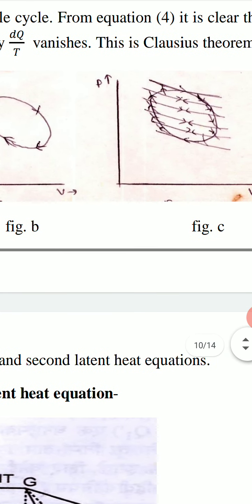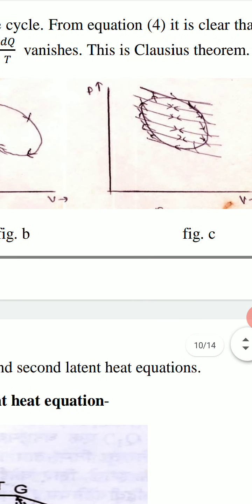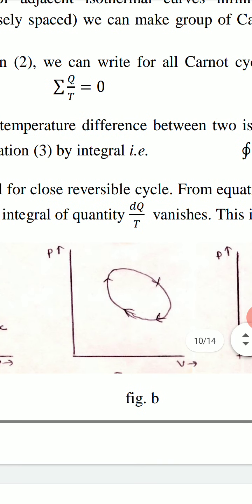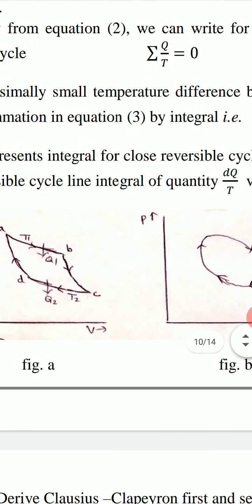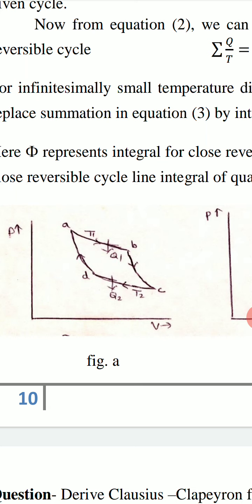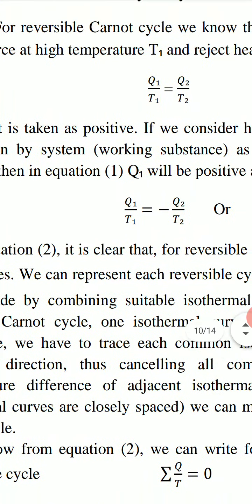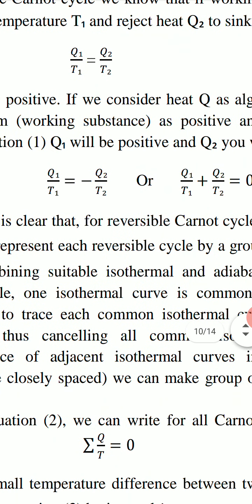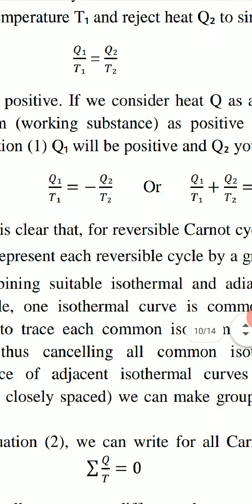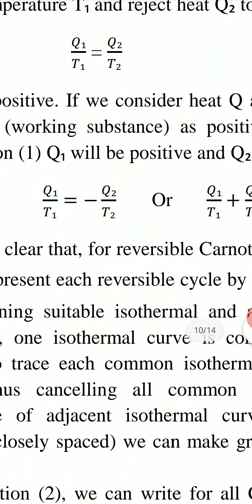And for each Carnot cycle, this is the Carnot cycle, and for this Carnot cycle we know that Q1 upon T1 is equal to Q2 upon T2. Q1 upon Q2 is equal to T1 upon T2 for any Carnot cycle.